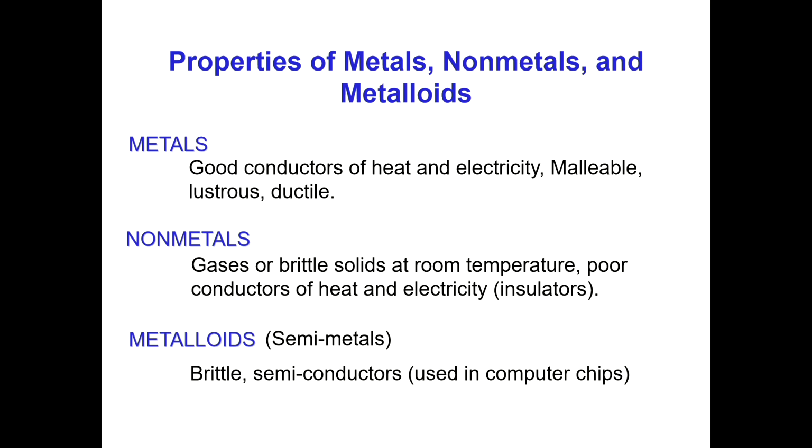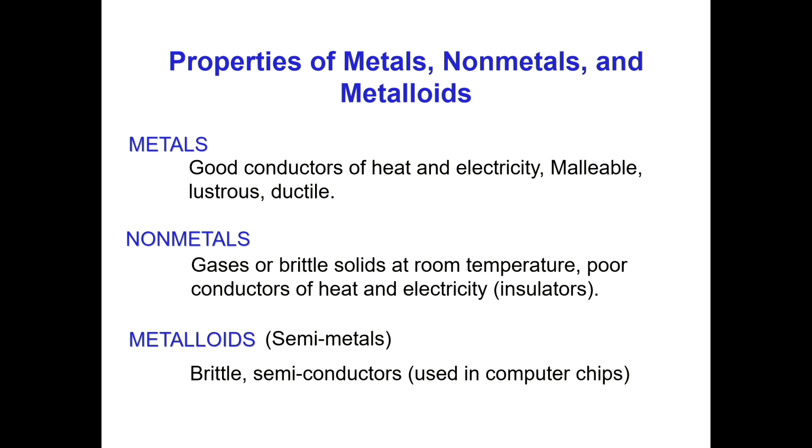Basically, metals have some common properties. Metals are good conductors. They can transfer electrons. But non-metals are gases, and they are poor conductors. They can't transfer electrons.